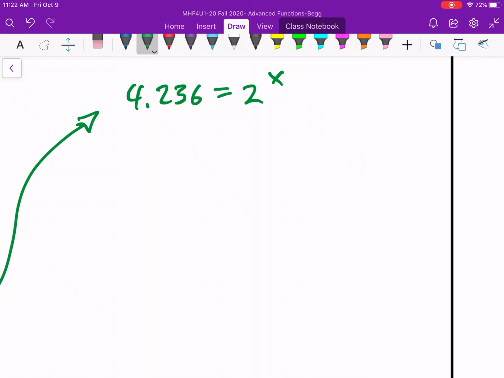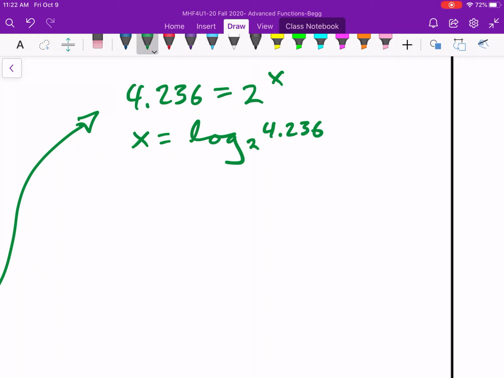Again, we've got a problem where our variable is in the exponent, so hopefully you're starting to think, well, okay, if it's the exponent, I'll rewrite it as a logarithm, because logarithms isolate the exponent. So I can now write this as something equivalent as log base 2 of 4.236.